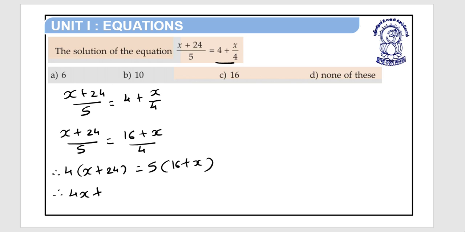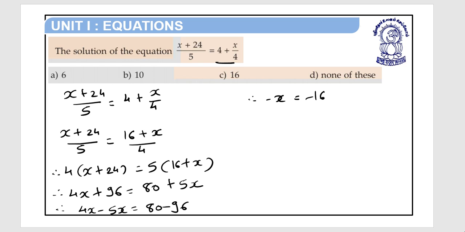So 4x, 24 4s are 96, 80 plus 5x. So 4x minus 5x, 80 minus 96. So minus x is equal to minus 16. X is equal to 16.